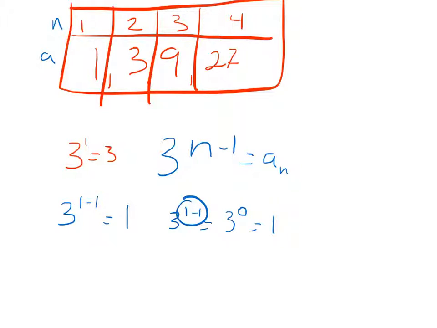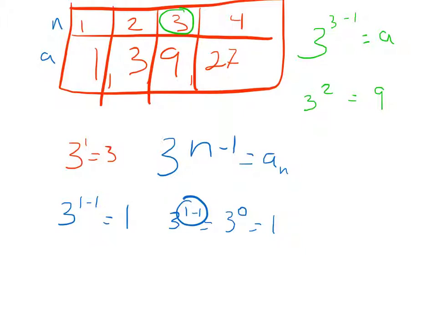So we'll try that over here on the right side. I'll take 3, and let's say I want to find the third number, so I'm going to put in a 3 up here, because that's the third number, then minus 1. That will equal A. Alright, so 3 minus 1 is 2, so 3 squared equals 9. So that's true. The third number was 9.